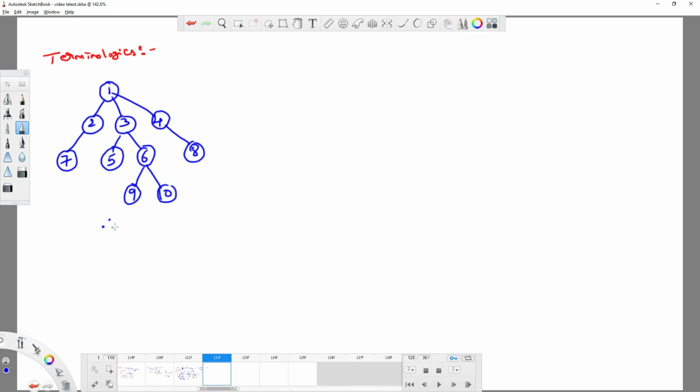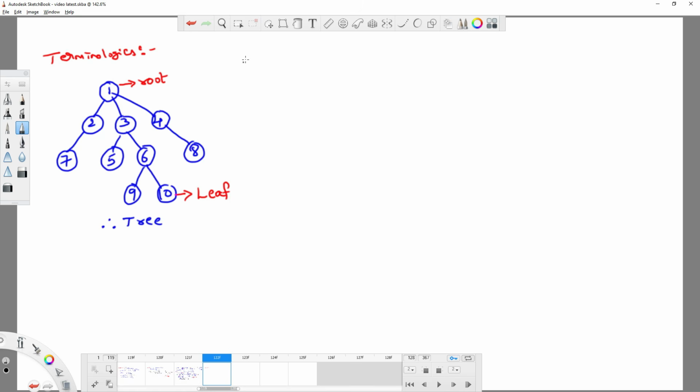So this is a general tree of the data structure. Among these, what is the root? 1 is the root. And can I say 10 is the leaf? Yes or no? Yes. Similarly, can I mention 2 is a child? Yes or no? Right? Okay, fine. To make it clearer, I am just taking some terminologies here.